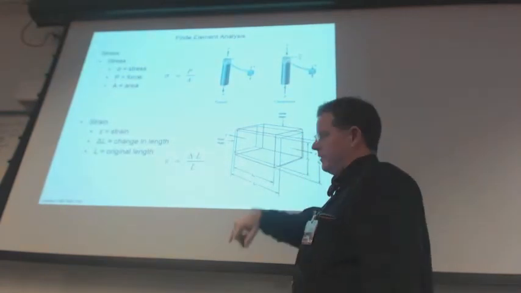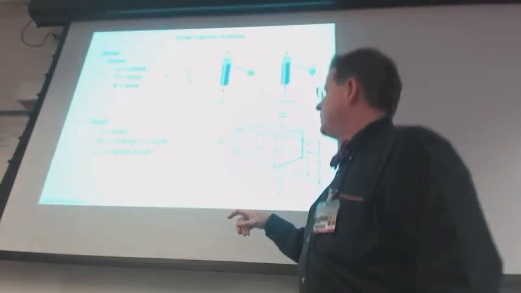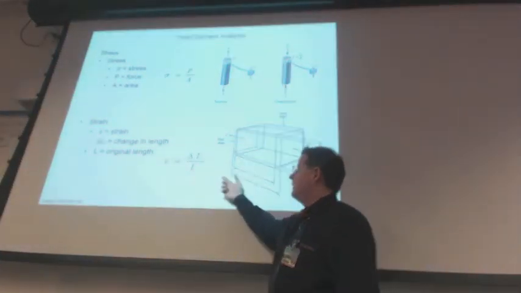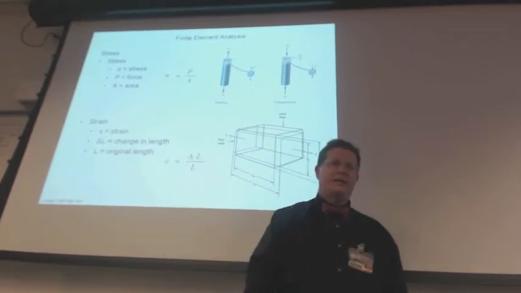So stress, P over A, should be tattooed on your brain, right? So we're looking at the force over an area and how much stress we're putting into a material. Strain is our change in length over our original length.